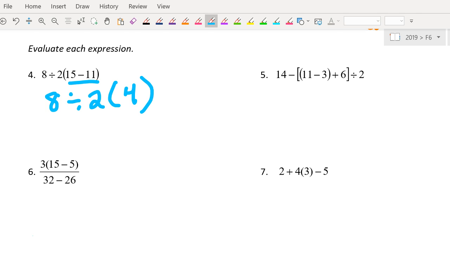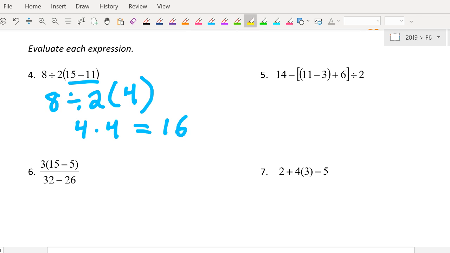Then your answer will be clear. Very good. All right, so what do we do first? First you divide 8 by 2. Right, so we get 4 times 4 equals 16. How many people got 16 on that one? Some people probably hadn't done it yet. All right, very good.